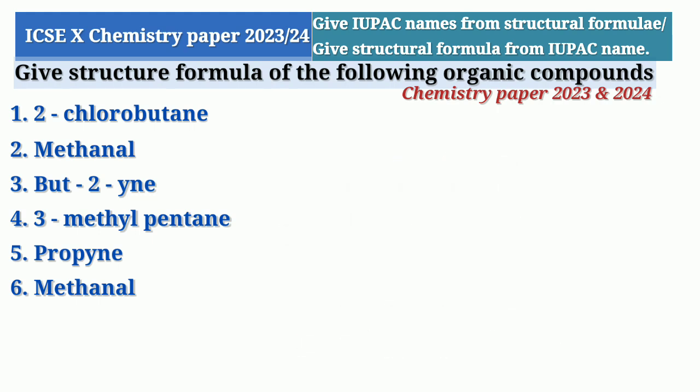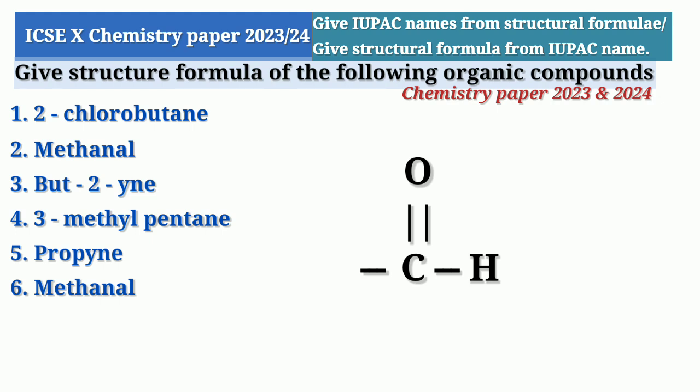Our next compound is methanal. Meth tells us that it is 1 carbon compound. And suffix al tells us that compound is an aldehyde with functional group CHO. All aldehydes have this functional group CHO. Now methanal will have 1 carbon and that is already present in CHO.